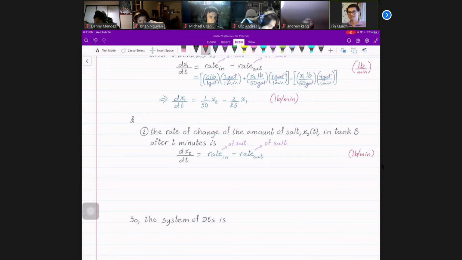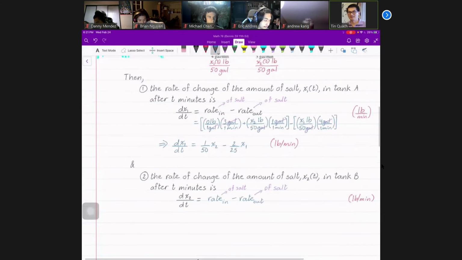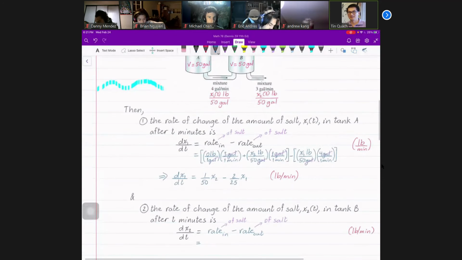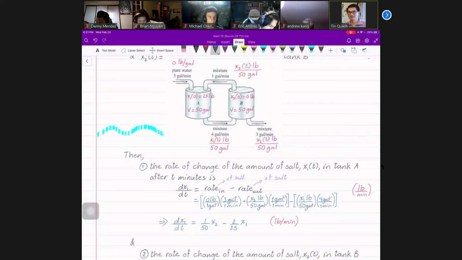So let's figure out the rate coming in. Looking at tank B, can you tell me how many sources are coming into tank B? One, which is this one right here, right? So you can multiply these two together to get the number of pounds per minute coming in.